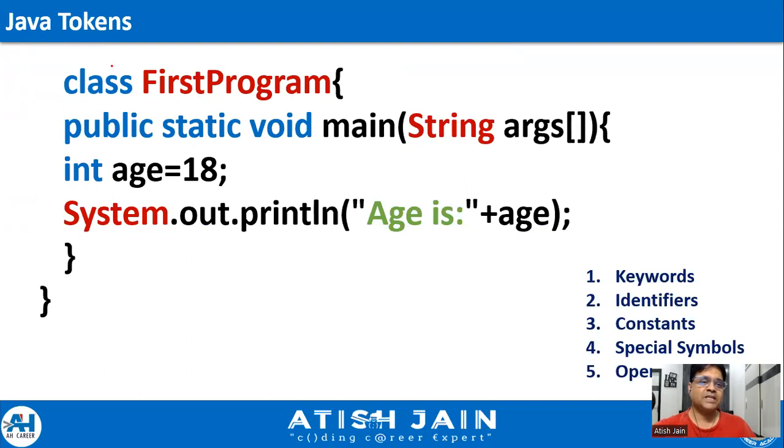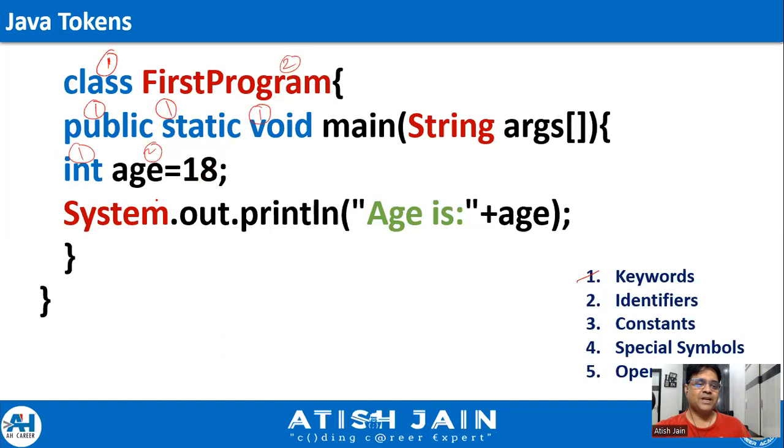What is this class, the blue-colored one? Class is nothing but one keyword. Public is one keyword. Static is one keyword. Void is one keyword. Int is also one keyword. So, we have exploited the keywords. Next, identifier. An identifier is nothing but a named entity of your program. Anything which names something in your program, like the class name, and this is your variable name, age.